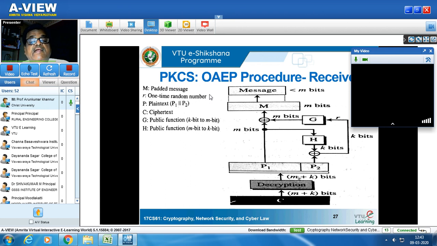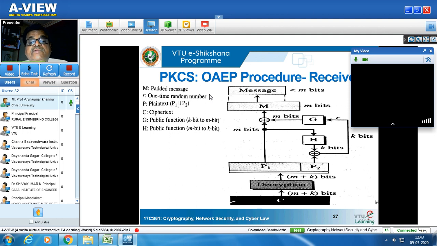Now it is arriving at the receiver end. What is happening at the receiver? The message C comes here. Message C has two parts. One is with M bits, which is a padded message P1, and the second one is K bits, which represents the information related to the plain text.